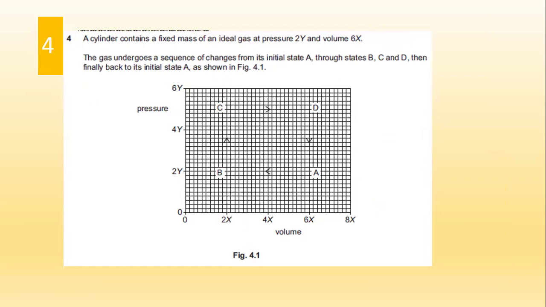A cylinder contains a fixed mass of an ideal gas at temperature 2y and volume 6x. That's where it starts.